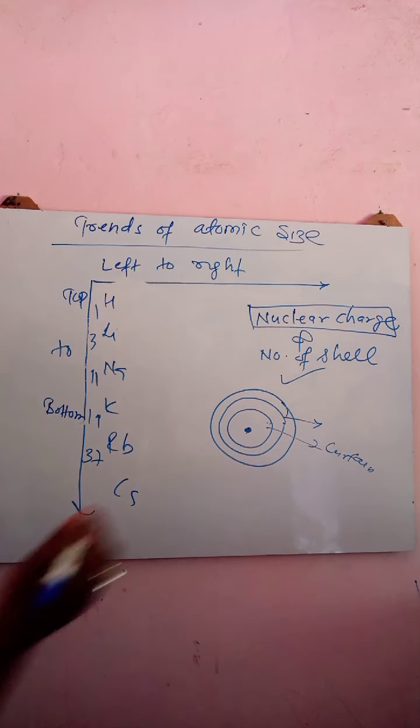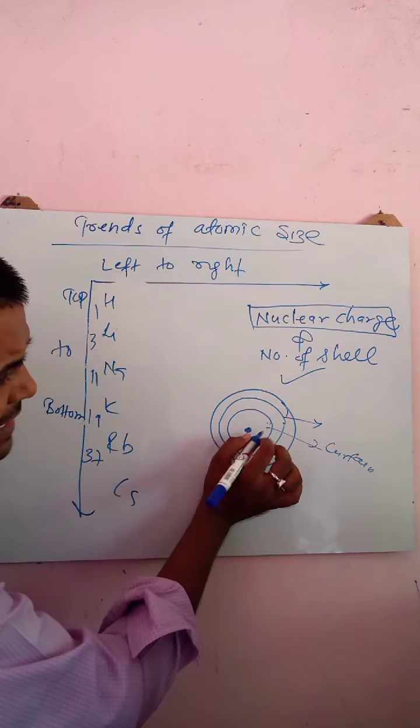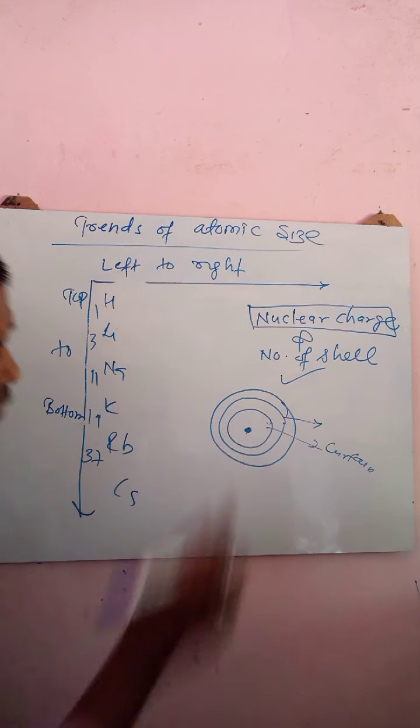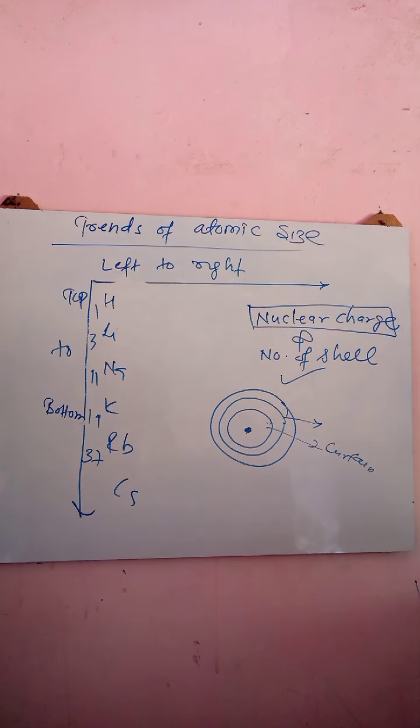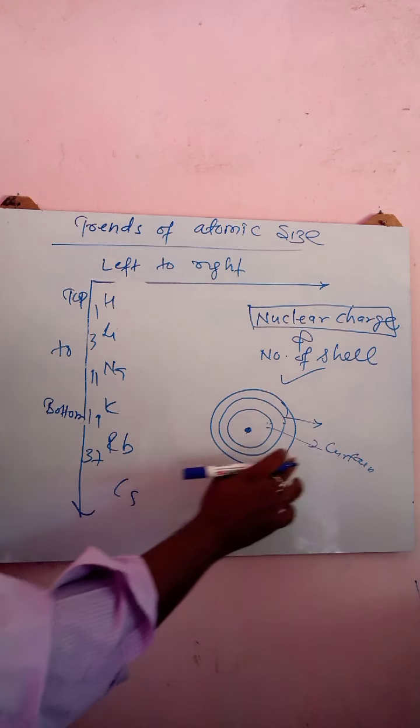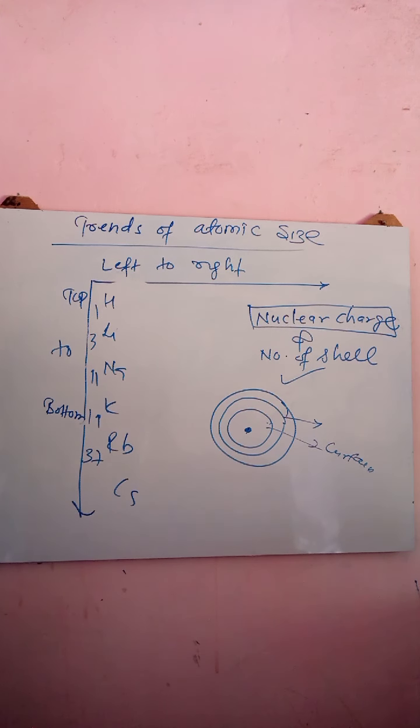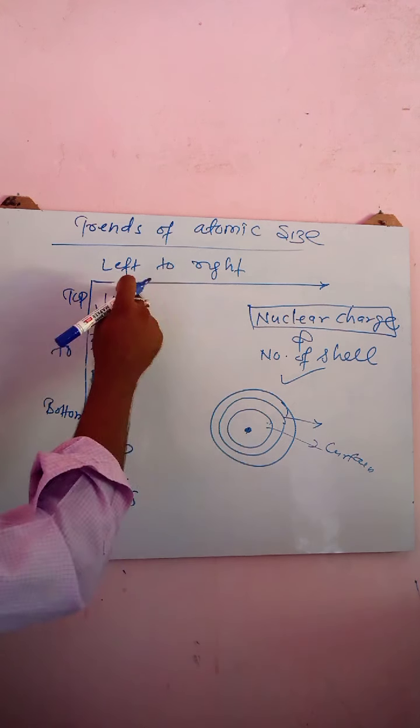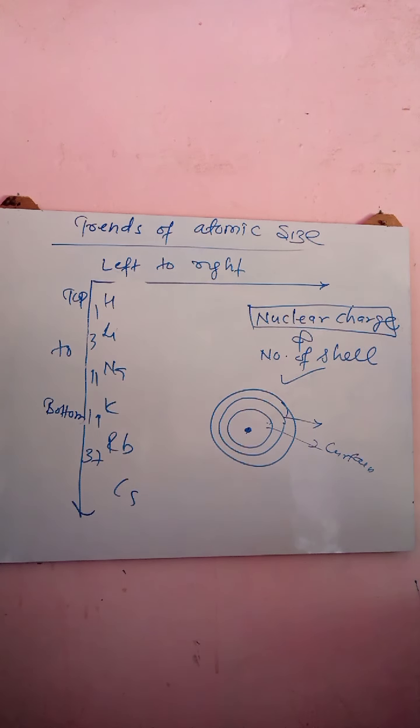They will somehow reduce the force of attraction generated by the nucleus toward the electrons. This is called the screening effect, or shielding effect. This number of shells increases down the group. That's why atomic size increases.